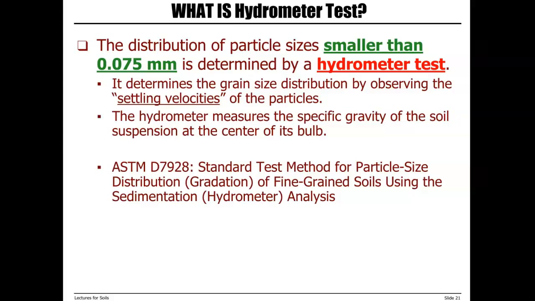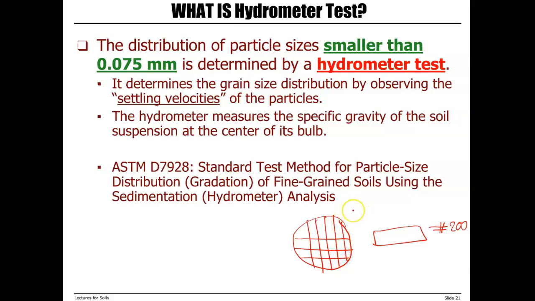For materials passing through sieve number 200, if we look at it, the opening size of this sieve is 0.075 millimeters. So materials passing through sieve number 200 are fine grained soil.